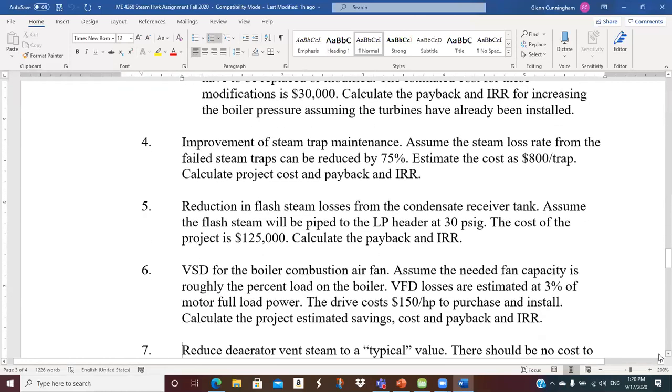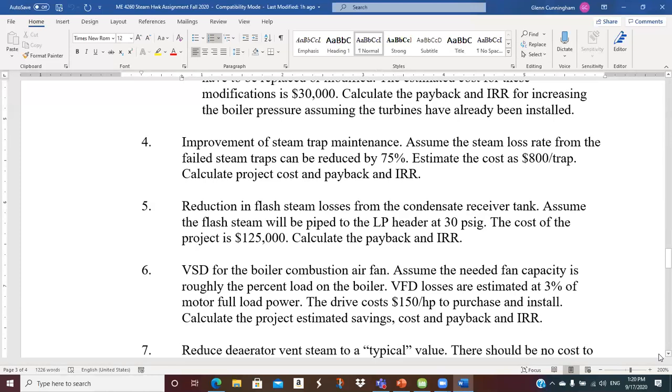Steam trap maintenance, you can do that as a reduction in steam demand. So you'll have to do some offline calculations and figure out by repairing those traps how much less steam we're going to use. And then you can run a reduction in steam demand. Reduction in flash losses from the condensate receiver tank.